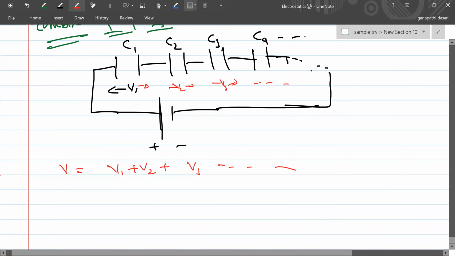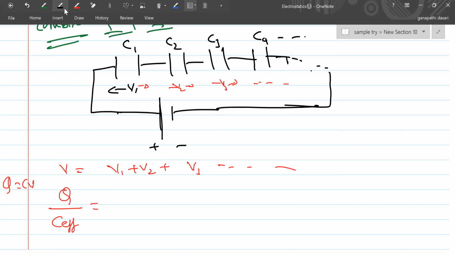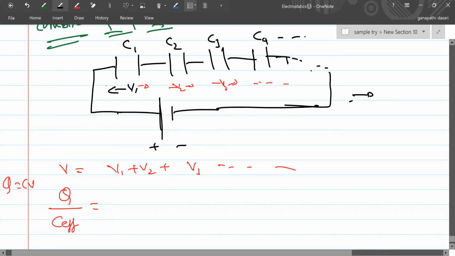That is Q is equal to CV. So V will be equal to Q by C effective. In series, every capacitor's charge will be the same, because if plus Q is supplied here, there will be minus Q charge here.